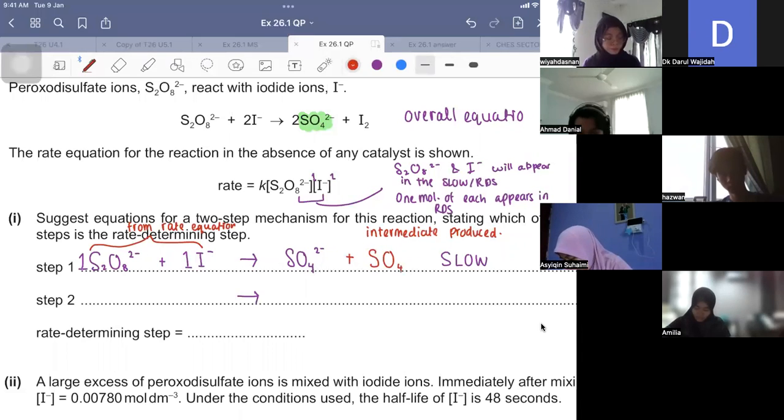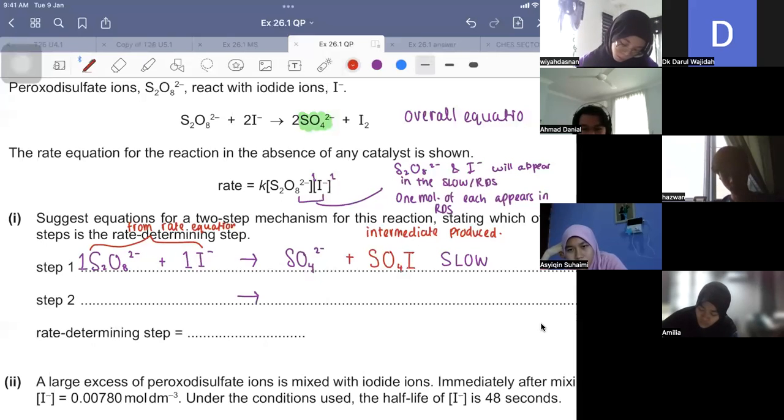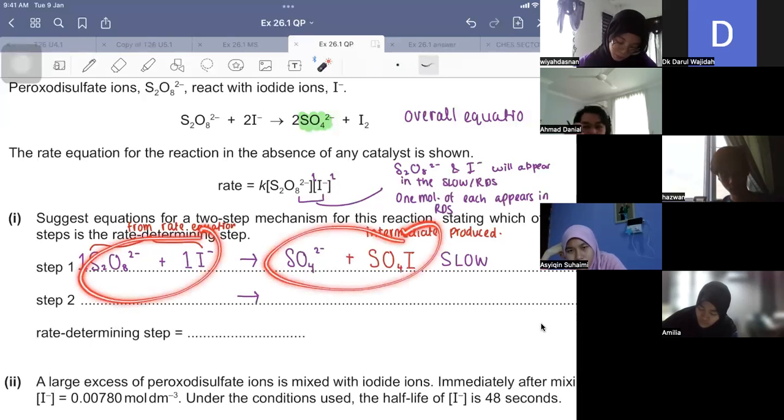And one more that is not balanced, my iodine: SO4I. An intermediate is usually a species that you have not come across before. Does SO4I exist or not? That's a different story. What's most important for you is that in step 1, the equation is balanced.